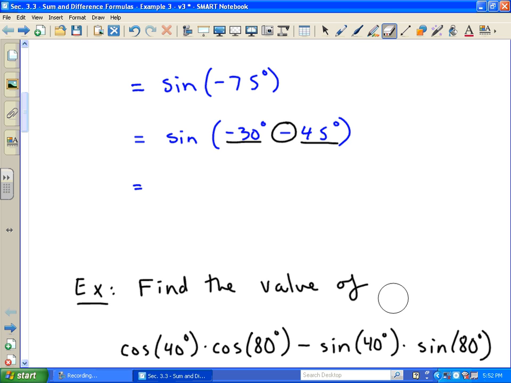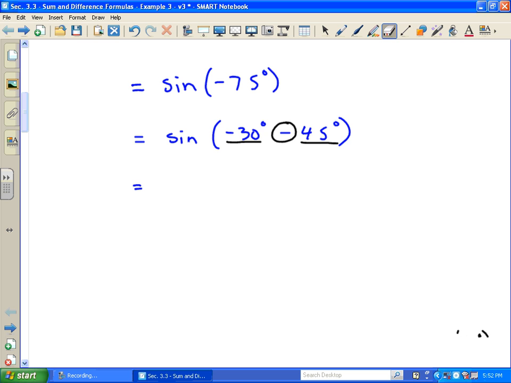Okay, I'm going to erase what I had down below. I need a little bit more room. Here, I will be using the difference formula for sine. The difference formula for sine says that I want to use sine of negative 30 degrees multiplied by cosine of positive 45 degrees.